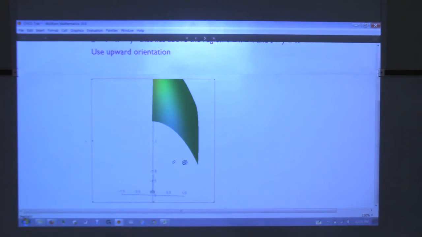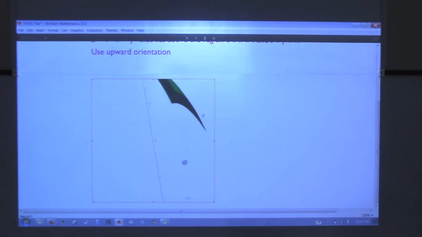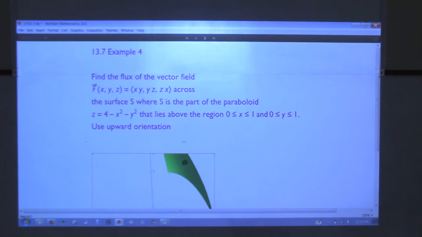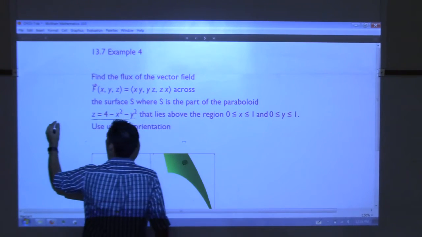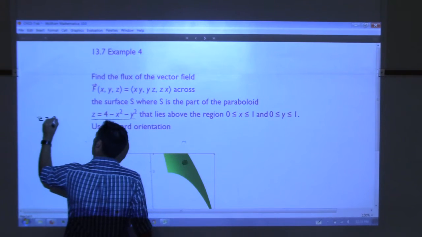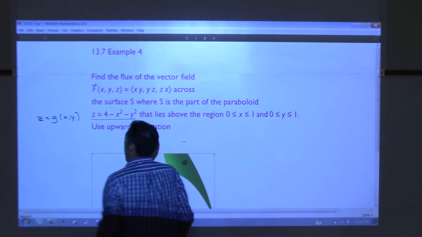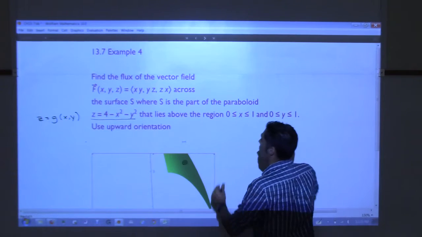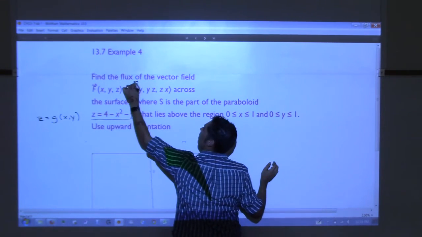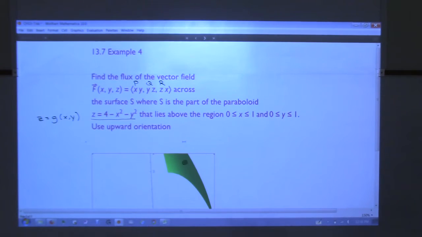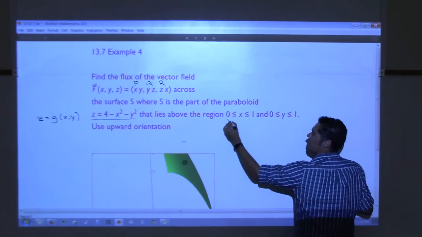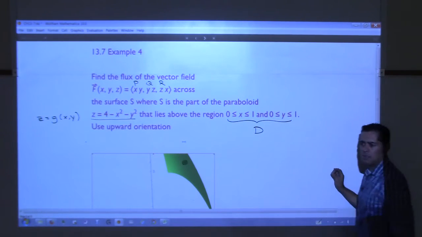So we have a paraboloid. There it is. That part of the paraboloid, our surface, is a function of x and y, right? So we know that z is some function of x and y. We have a vector field, in this case P, Q, and R, right? We have restrictions, which is going to make up our domain right there.